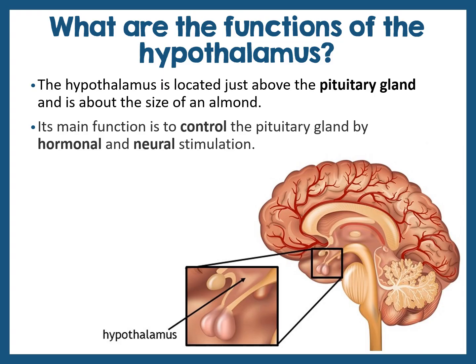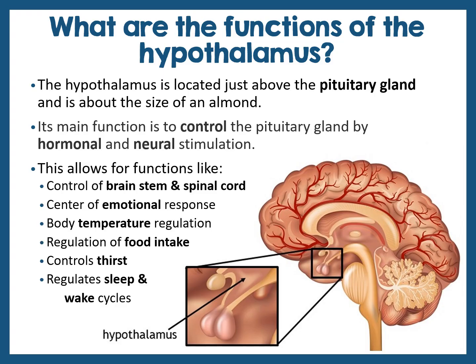And it can do this either by hormonal control or neural. This is going to allow for functions like controlling the brain stem and spinal cord. In those areas, if you recall from our nervous system, that's where the emotional response is regulated, body temperature, hunger, thirst, regulation of the sleep-wake cycles.